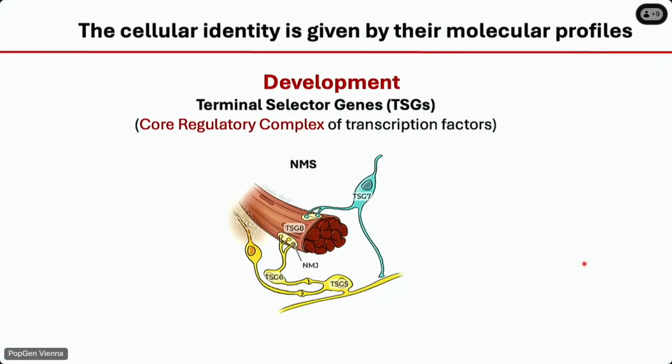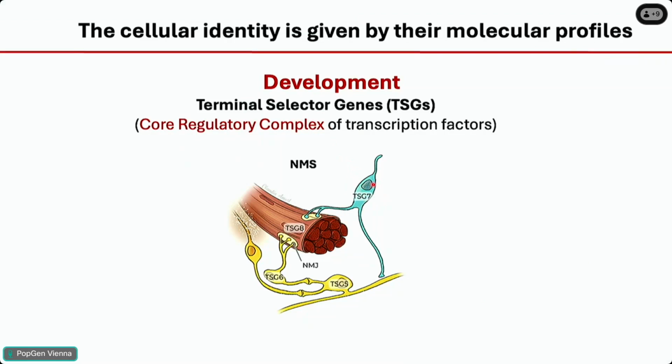The first part is really the developmental part, how this cell type is made, and the key factors here are the so-called terminal selector genes, which are transcription factors, and often the synonym is a co-regulatory complex. Whether they form a complex or not, or whether they just act in parallel, is a bit of a question. But there's a number of transcription factors that are expressed even in the differentiated cell types, and they're there to maintain that particular cell type.